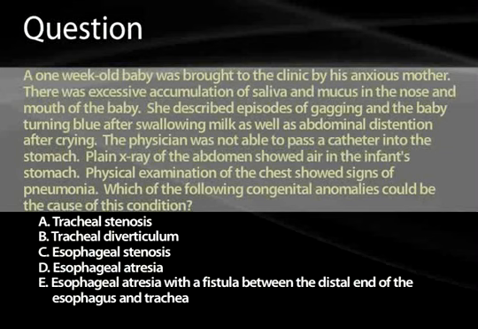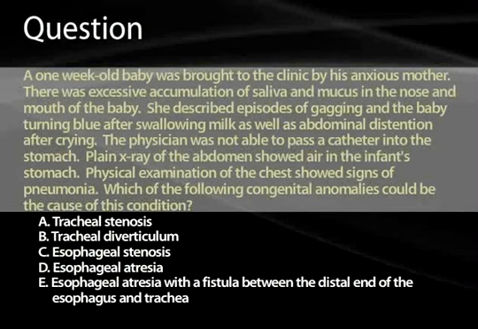This is a question where you have to look at a few different keys that are showing up. One is that there was an accumulation of saliva and mucus in the nose and mouth of the baby, and the gagging without an accumulation of large amounts of food and not vomiting will be a sign that there's a short pouch. There's also difficulty passing a catheter, which means there's probably an atresia.